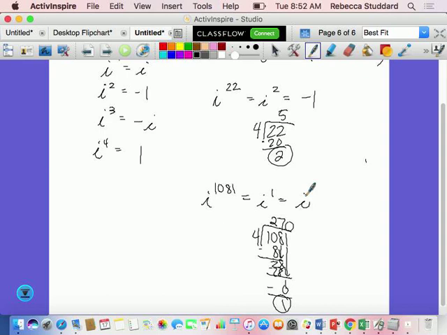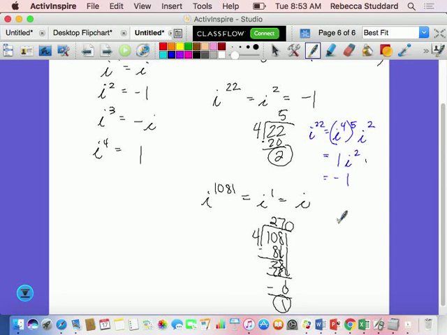Now, the reason this works, going back up to the easier one with the smaller numbers, i to the 22. We can rewrite i to the 22 as i to the 4th raised to the 5th power, since 4 goes into 22 5 times, times i squared. i to the 4th is 1, and 1 raised to any power is 1, so that would be 1 times i squared, which is negative 1.